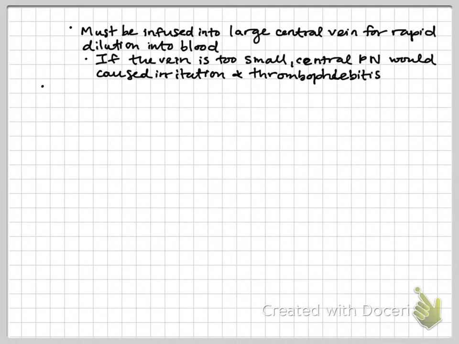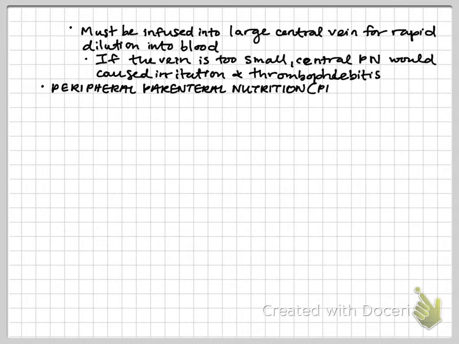So in terms of peripheral parenteral nutrition, or PPN, it's usually given through a peripherally inserted catheter, which just means a plain IV.